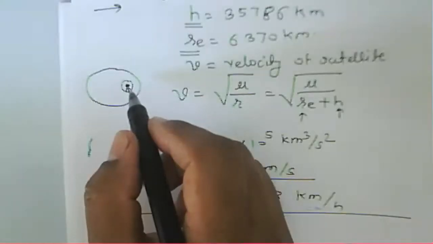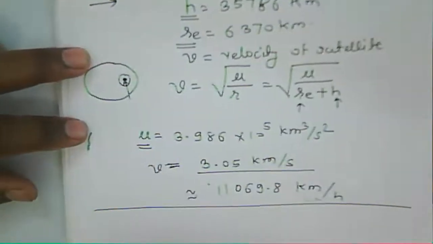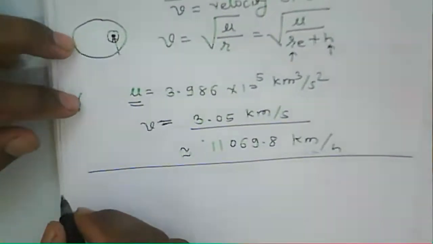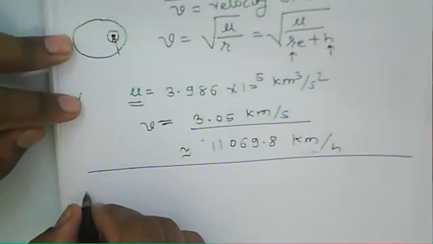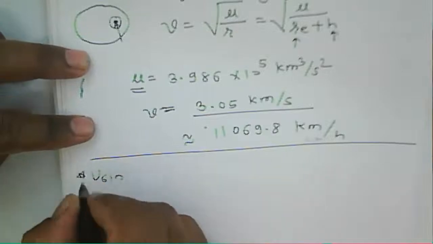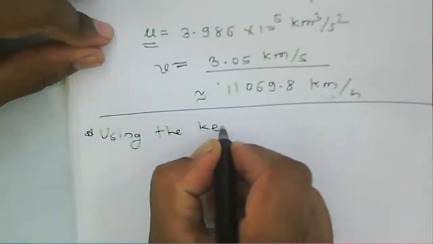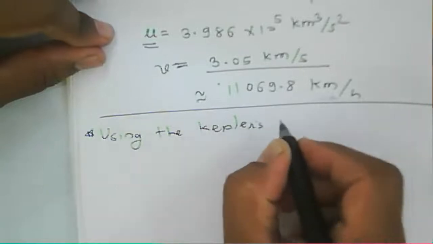Then according to Kepler's law, we have other equations, another form of numericals. Next is the next numerical using Kepler's third law.